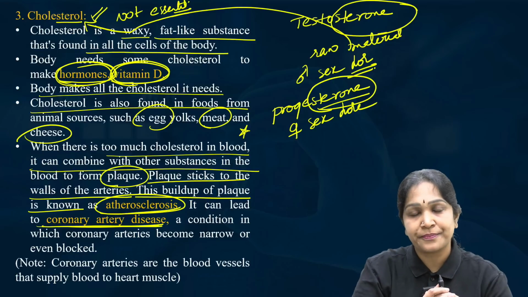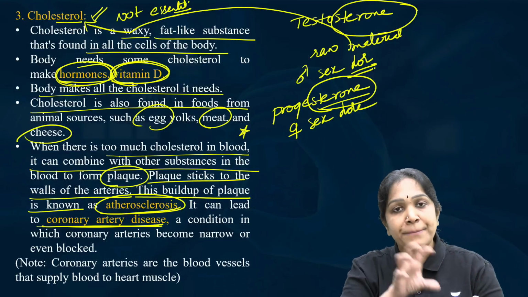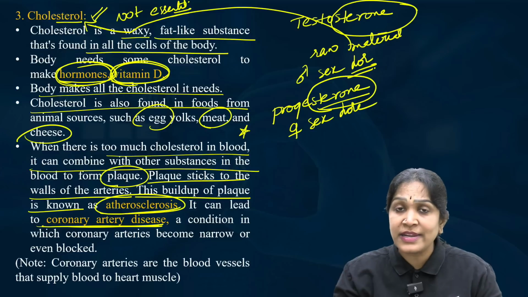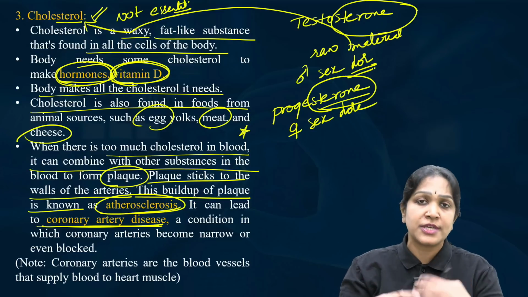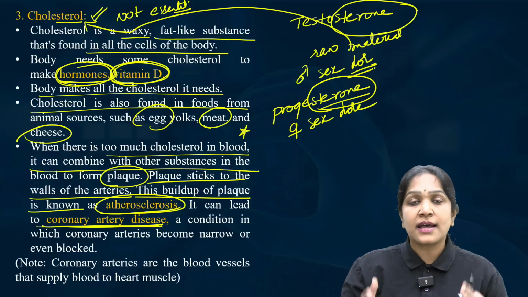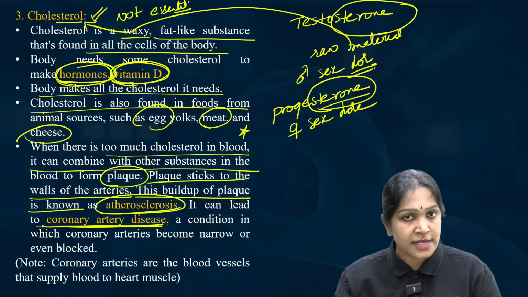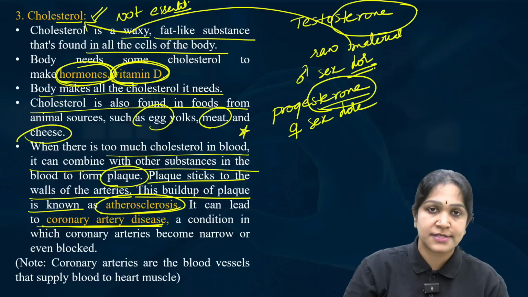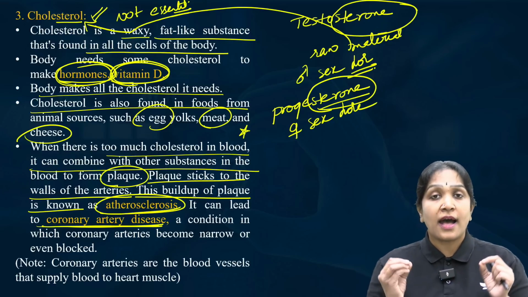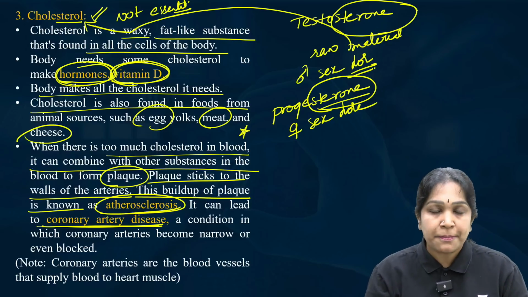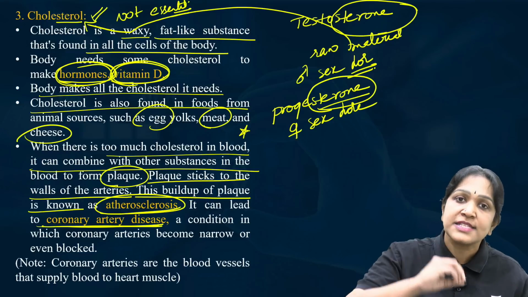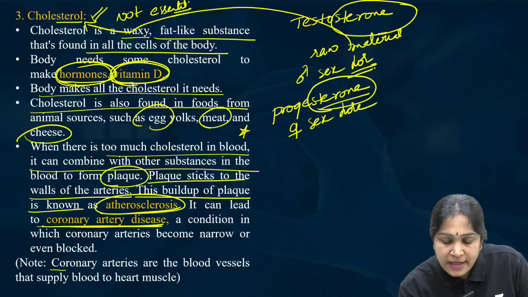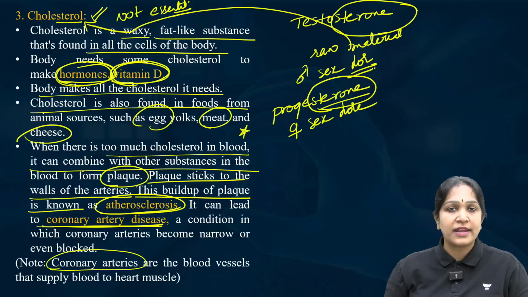Now comes the question. The heart which is pumping the blood to all other organs, does it also need blood for its own functioning? I repeat, the heart which is pumping the blood for various other organs, does it also need blood for its own functioning? Yes. So, the arteries that will supply the blood to the heart for the heart's functioning are called coronary arteries.